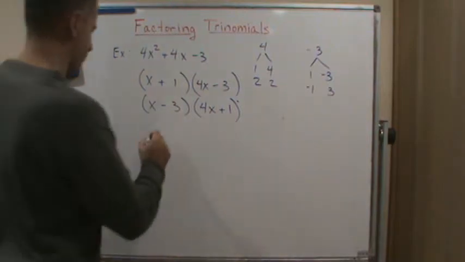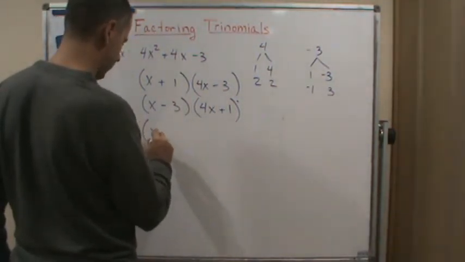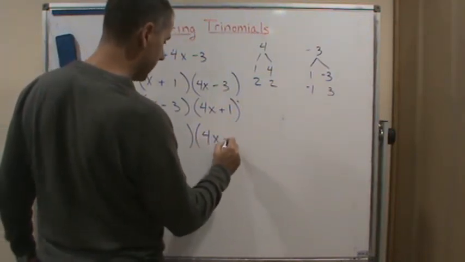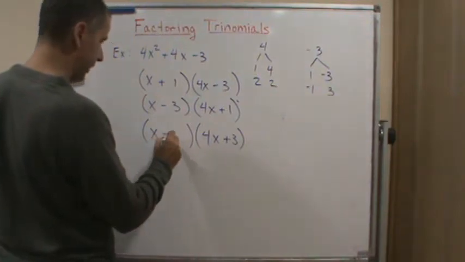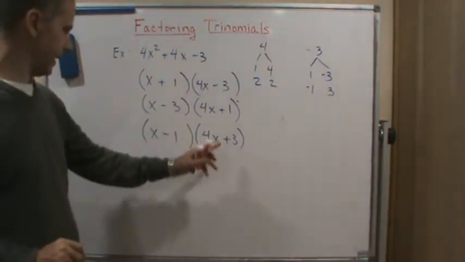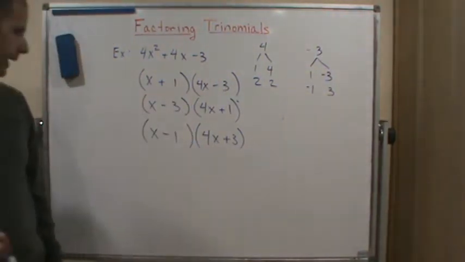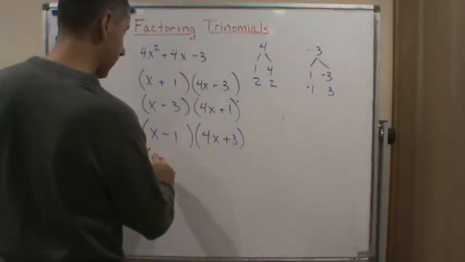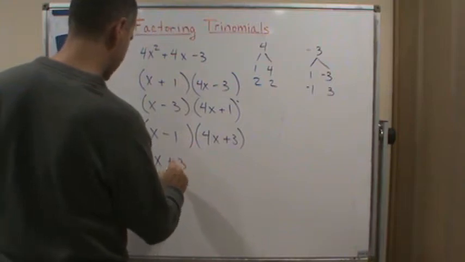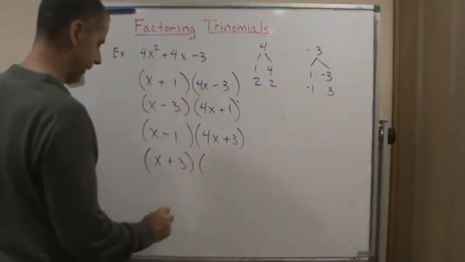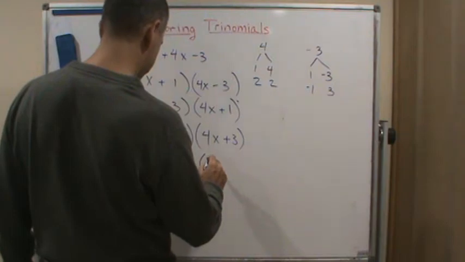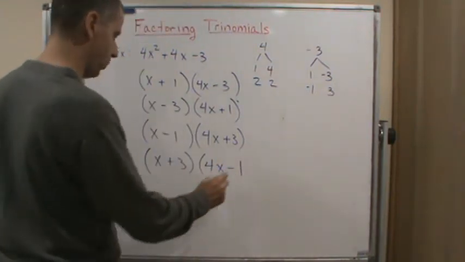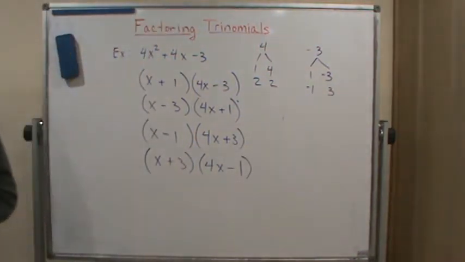Oh, I could have 4x plus 3, and then x minus 1, right? So I can flip the signs, okay? And I can have x plus 3 and 4x minus 1. Okay, so there are those 4.